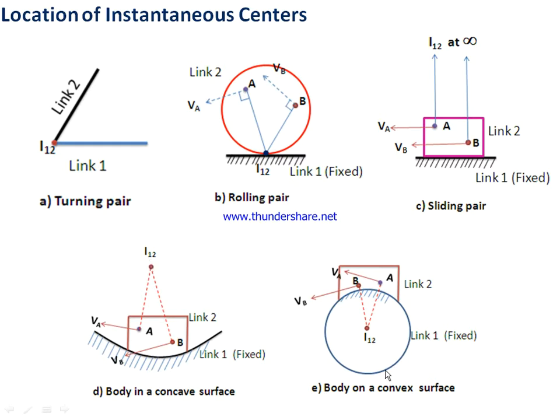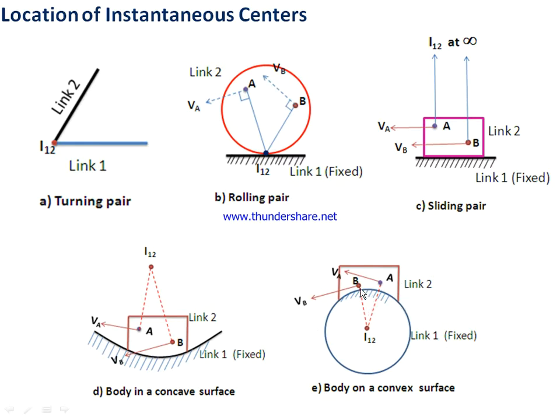Another case is a body moving on the circumference of a convex surface. This convex surface is fixed, link 1 is fixed and link 2 is moving on it. Again, say this is moving in the counterclockwise direction.